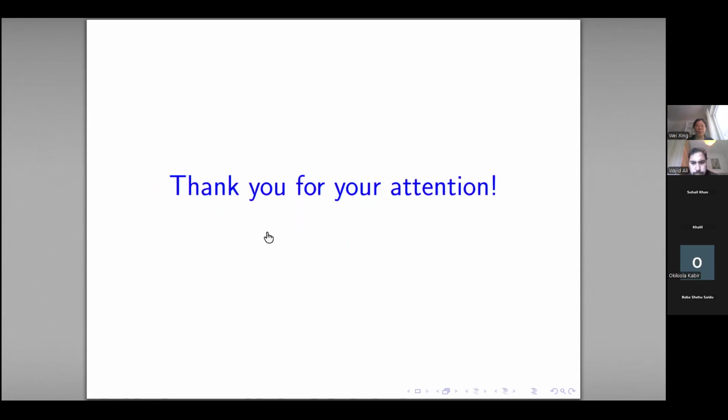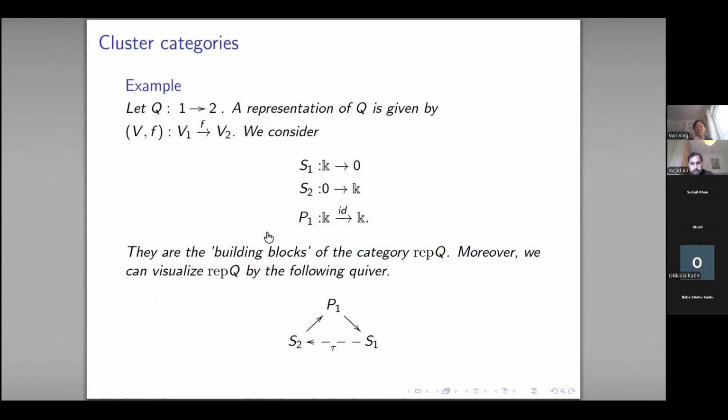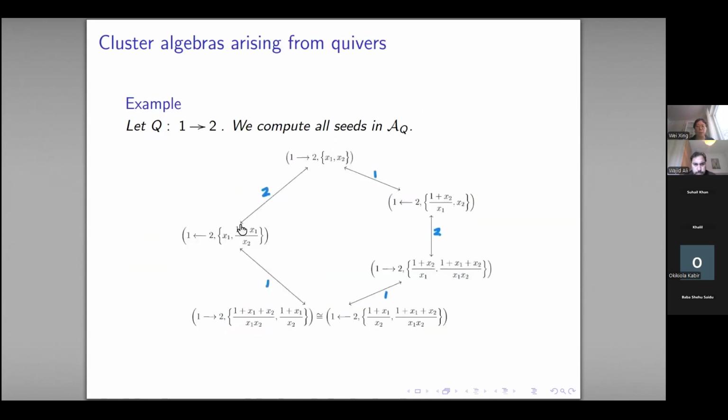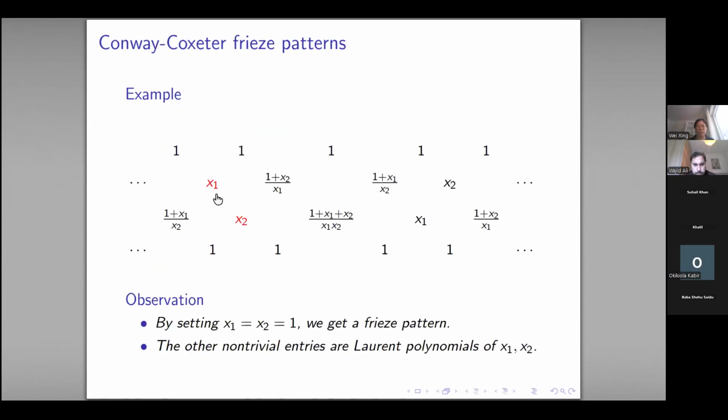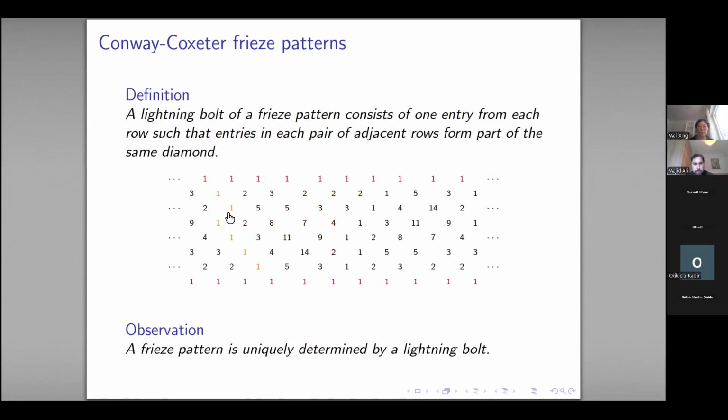And with this bijection, we could get another bijection between the lightning bolt of a Frieze pattern and the cluster tilting object of the cluster category.